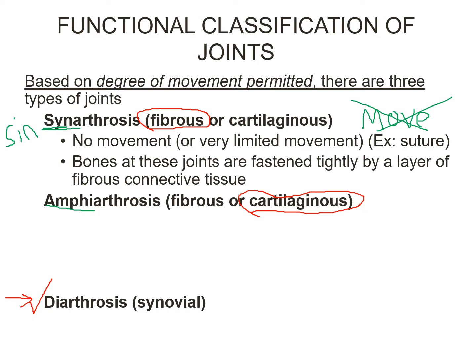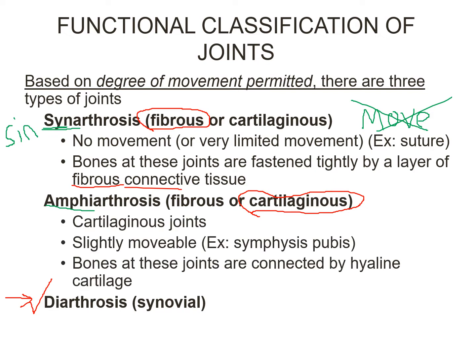So once again, no movement, and the synarthrotic joints are held together by fibrous connective tissue, mainly going to be collagen fibers. The amphiarthrotic joints, mainly cartilaginous. A great example of this is the symphysis pubis, or the pubic symphysis, as you learned in lab. There has to be a little bit of movement there. It's holding your two pubic bones together.